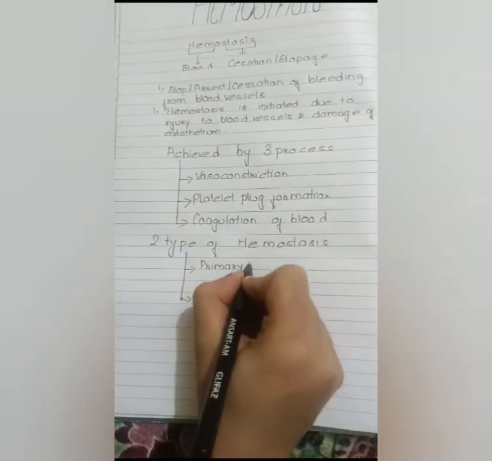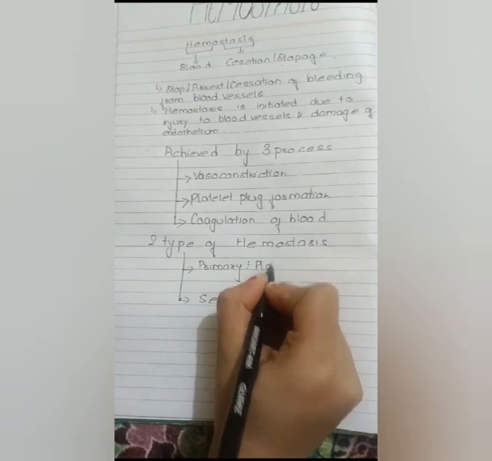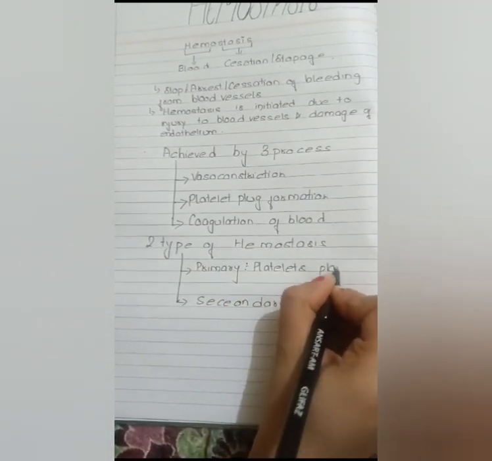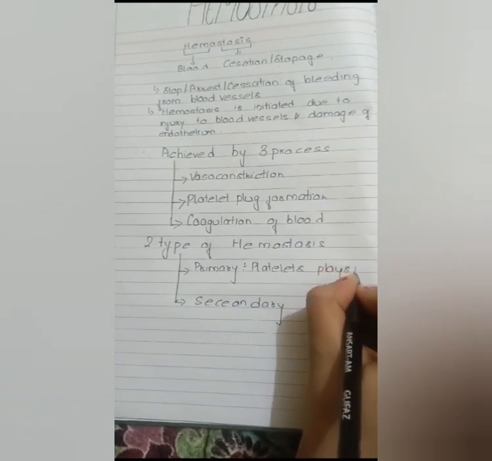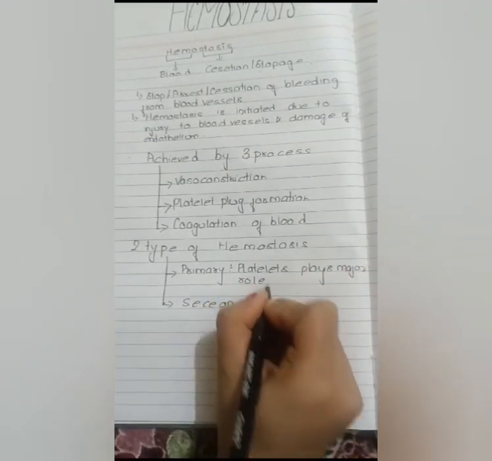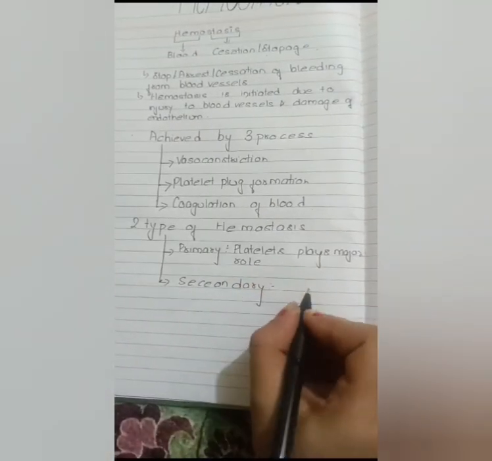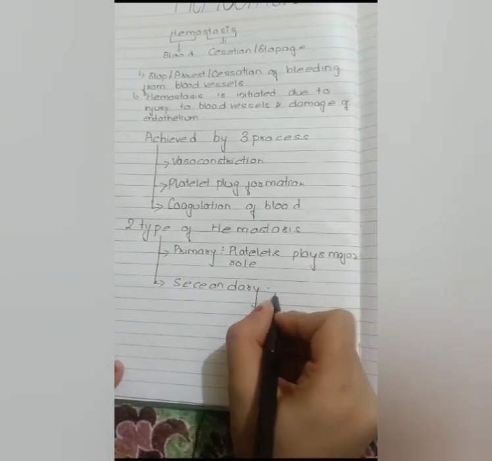In primary hemostasis, platelets play the major role, whereas in secondary hemostasis, clotting factors or coagulation of the blood play the major role.